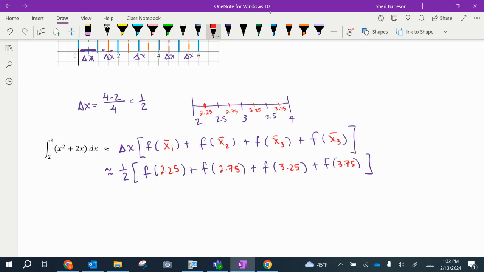So when I plug this in, I'm going to have 1/2. Oops, this should be in purple. I'm going to have 1/2 of 2.25 quantity squared plus 2 times 2.25. And then 2.75 quantity squared, et cetera, et cetera.